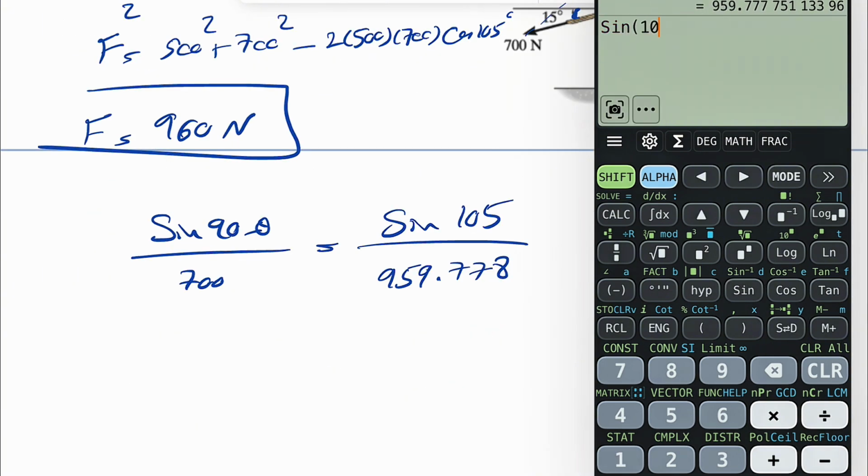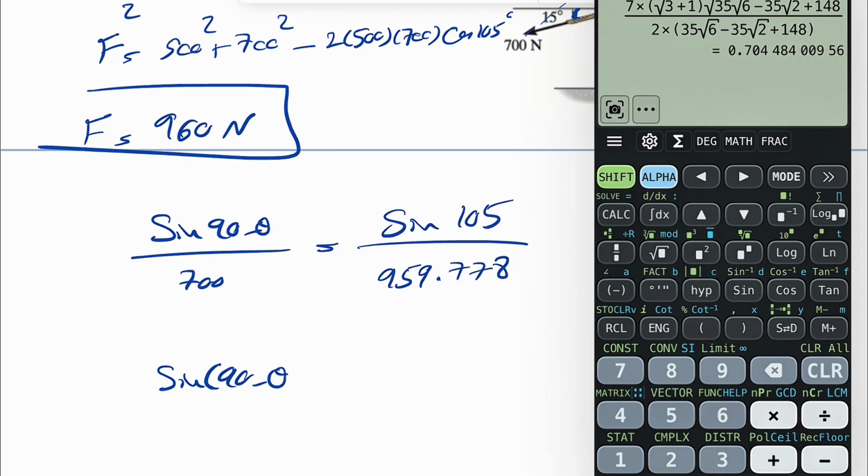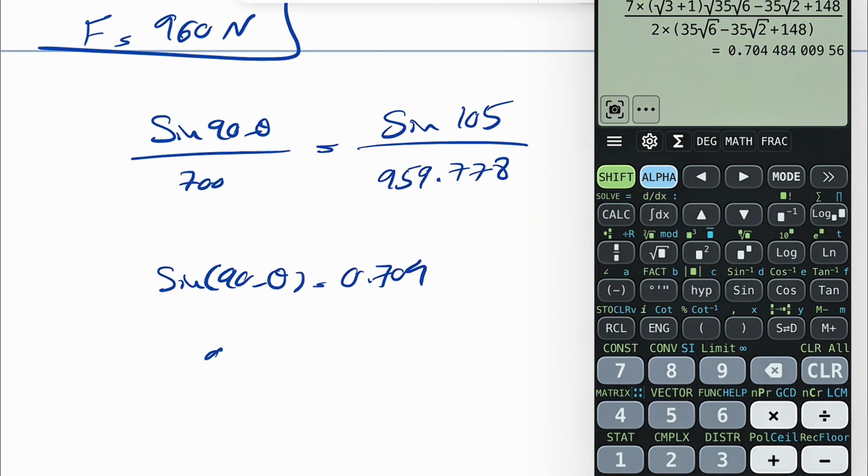So sine of 105 times 700 divided by that answer means sine of 90 minus theta is equal to 0.704, and that means 90 minus theta is sine inverse of that value.